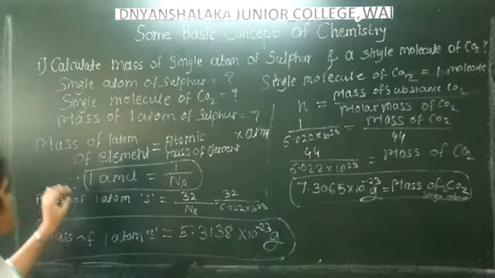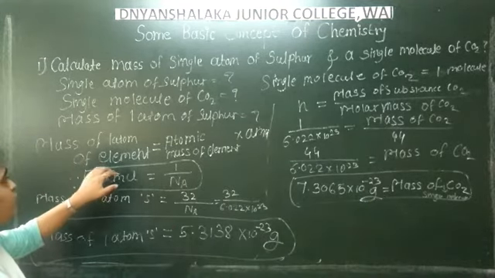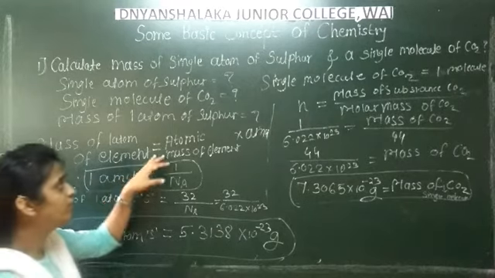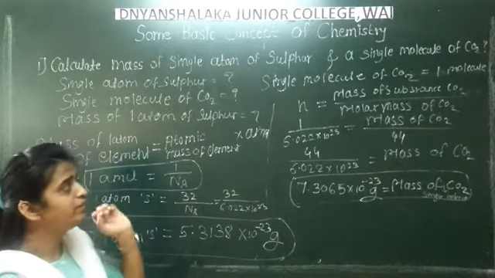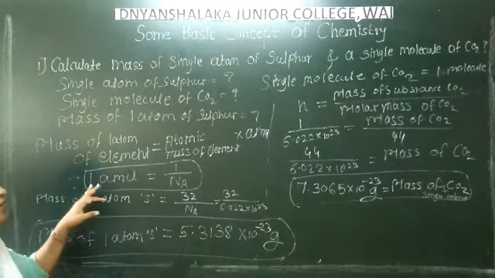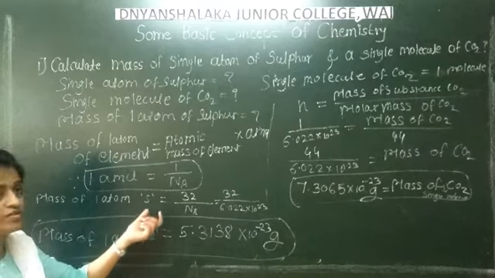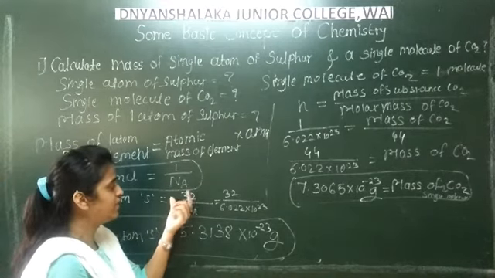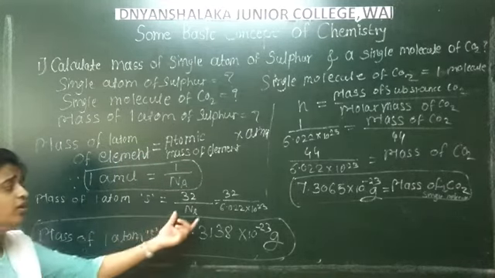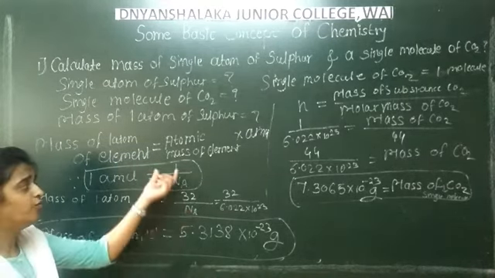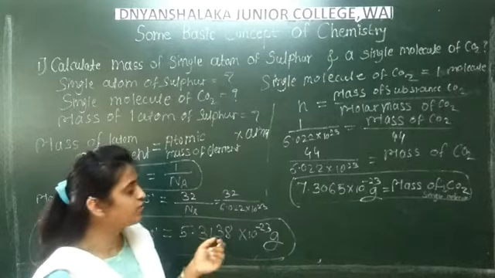Next part: the mass of one atom of an element is equal to the atomic mass of the element into 1 AMU, and 1 AMU is equal to 1 upon Na, where Na means the Avogadro number. So the mass of one atom of sulfur is 32 upon 6.022 into 10 raised to 23.